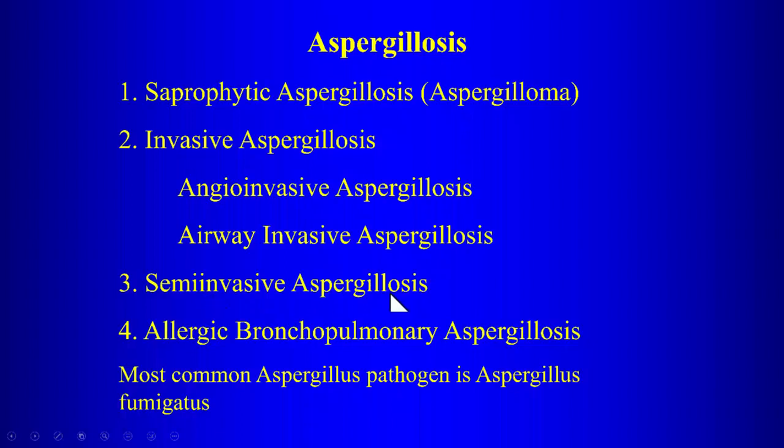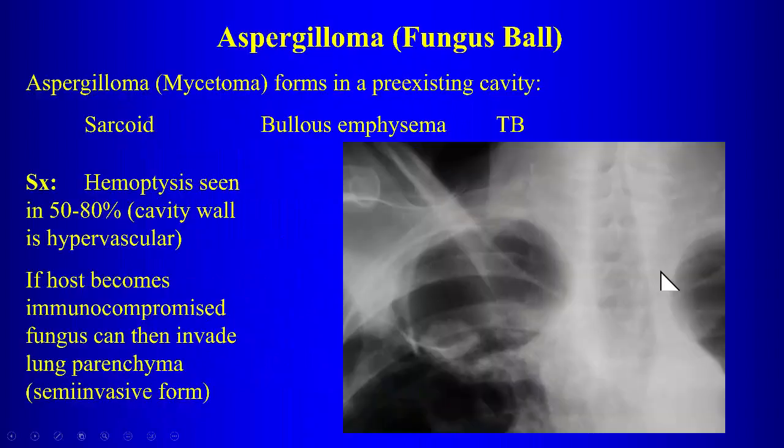There's semi-invasive aspergillosis, which we'll also discuss a little bit, and then allergic bronchopulmonary aspergillosis, which tends to affect asthmatic patients. So the fungus ball grows in a pre-existing cavity. The underlying diseases for those pre-existing cavities, sarcoid, bullous emphysema, TB, those are the most common causes in the United States. So the cavity comes first, then the fungus ball grows in the cavity.